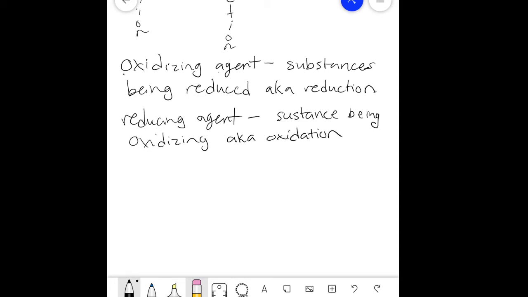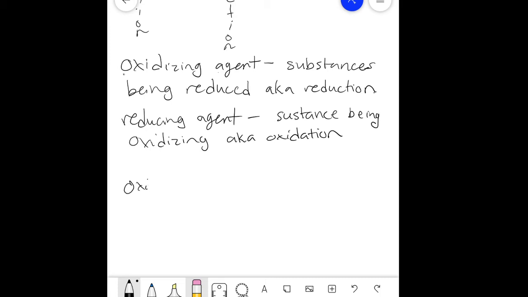A note I should make is that oxidation and reduction always occur together. You're not going to see one and not the other, because you have to have the same amount of electrons gained and lost for it to be balanced.